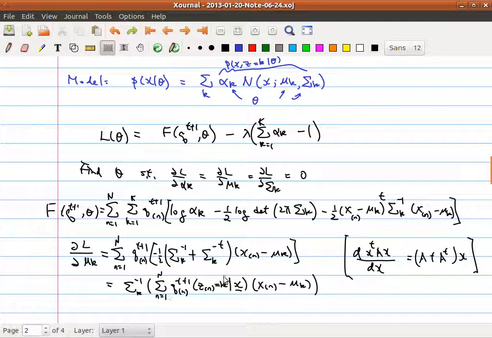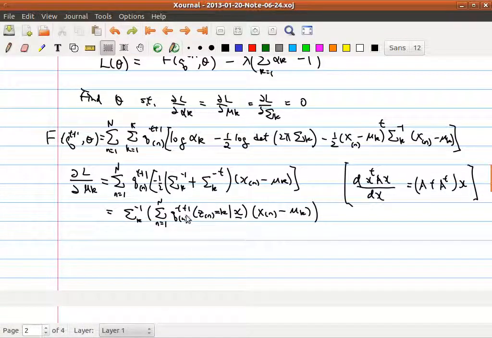And then we can simplify this since sigma k is symmetric, so sigma k inverse is also symmetric. Sigma k inverse transpose is equivalent to sigma k inverse. And therefore we just pull out this sigma k inverse here, and the 1/2 each, and pull out this here.